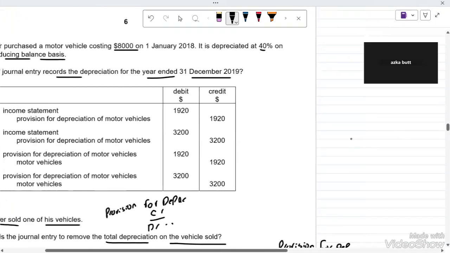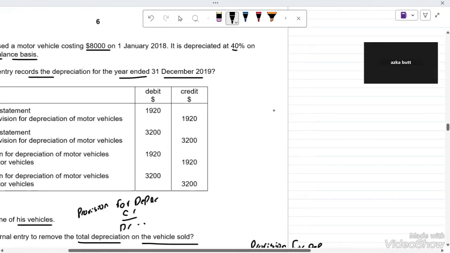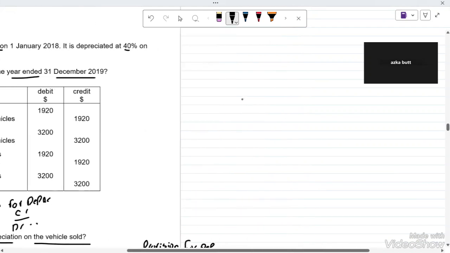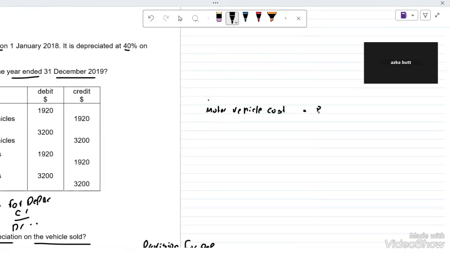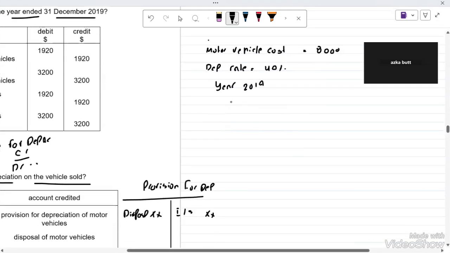First of all, we have to find out its depreciation. So, motor vehicle cost was 8,000. Depreciation rate is 40%. As you can see, this is 40%. And the year is 2019. So now we have to find out, first of all, the depreciation for 2018.